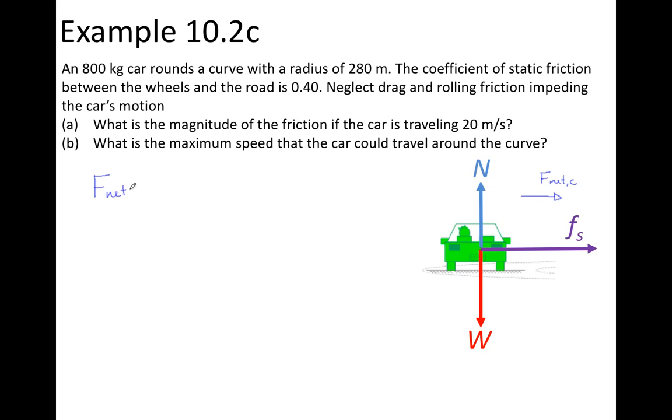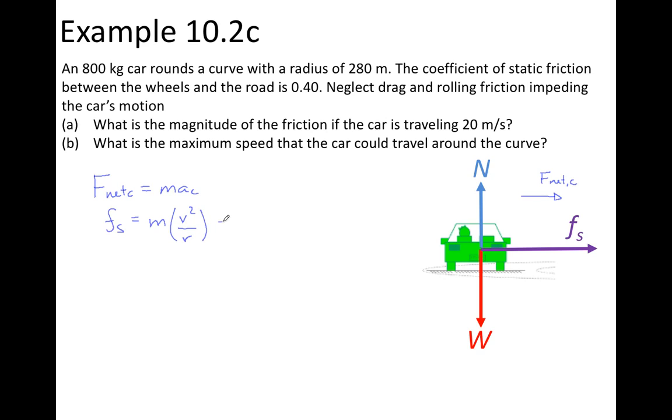And so for the car to move in a circle, this condition must be met. The net centripetal force is the static friction force. There's no other forces acting in the centripetal direction. I can replace the centripetal acceleration with speed squared divided by radius.